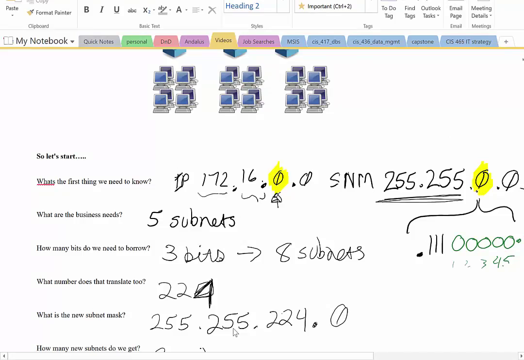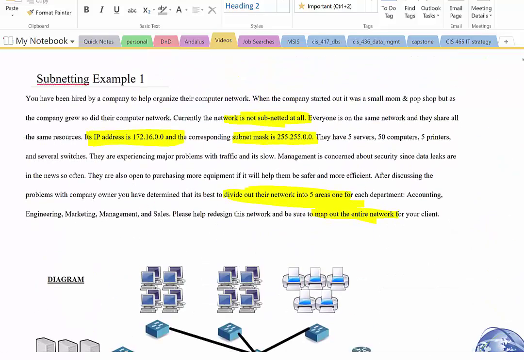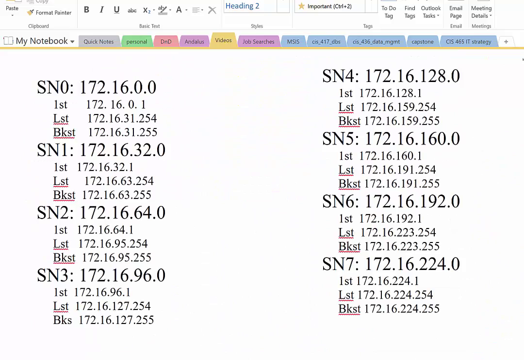So that pretty much answers this. Congratulations, we've mapped out all 8 subnets with the first, last, and broadcast addresses, and that pretty much answers our first subnetting example question.